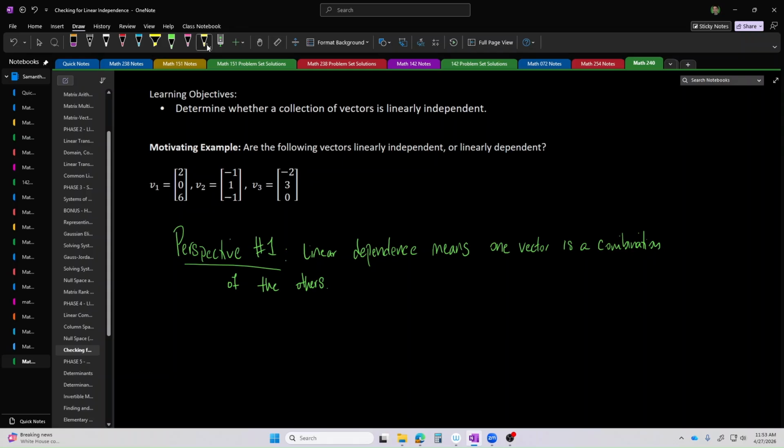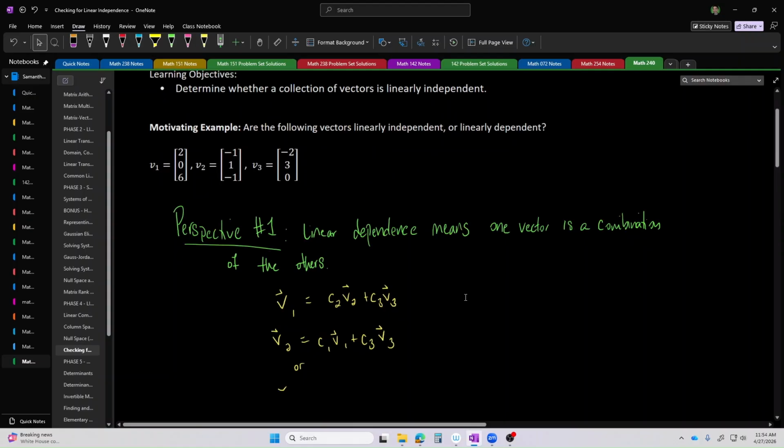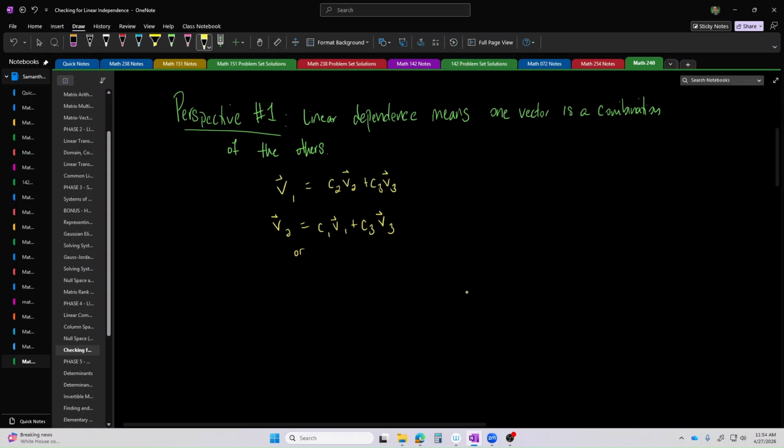So there are a couple of different possibilities, right? It could be that the first vector is a combination of vectors 2 and 3. It could be that the second vector is a combination of 1 and 3. Or it could be that the third vector is a combination of 1 and 2. If any one of these possibilities is satisfied, the collection would be dependent.